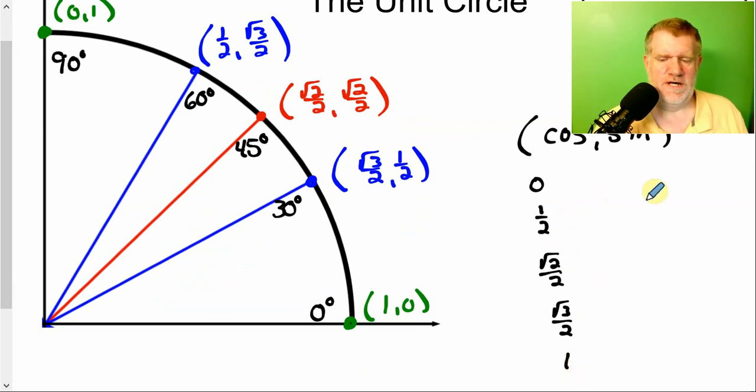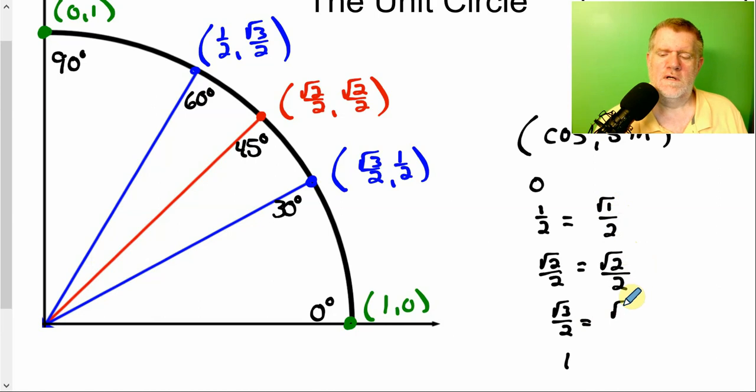We see a little bit of a pattern. You see 1, 2, 3. Oh, but that's not a square root. Well, what if I made that the square root of 1? Would that still work? If I follow that pattern, square root of 1, square root of 2, square root of 3, square root of 4 over 2, which is 1.